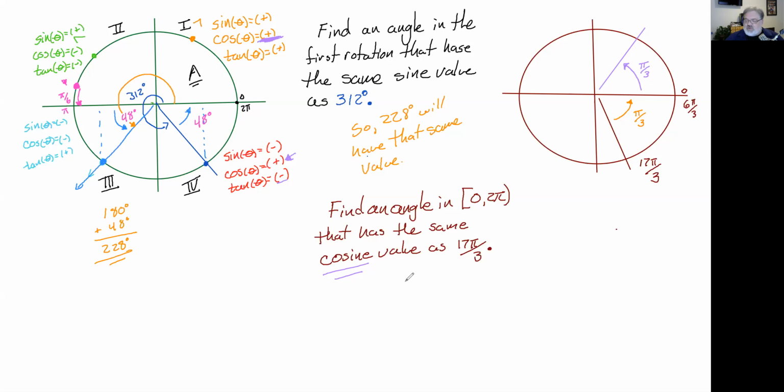So our answer just gets to be pi over 3. So the cosine of 17 pi over 3, we don't necessarily know what that is. We actually have all the tools necessary. We'll talk about that on Monday. But we know the cosine of 17 pi over 3 is going to be equal to the cosine of pi over 3. Those values, whatever they are, are going to be the same.